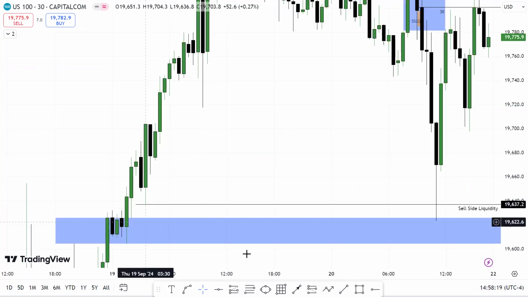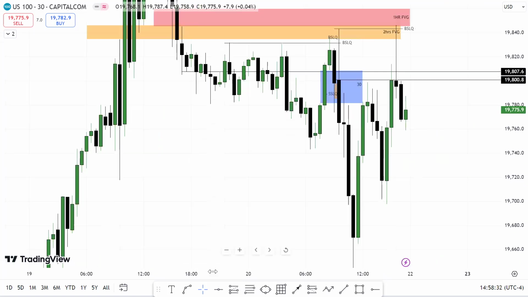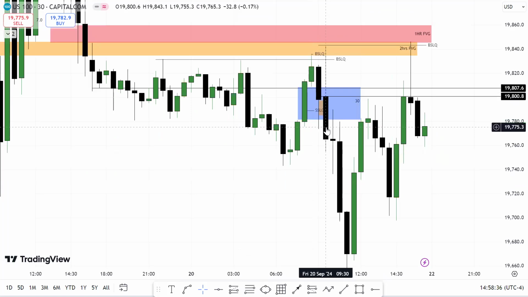And remember, from the higher time frame, we have a bullish fair value gap here. Also, there is a bullish fair value gap here from the 4 hours time frame, right? So we'll consider this sell side liquidity as a target. And you will trust it even more that this is going to a sell side liquidity once you have this candlestick close below and it has taken a buy side liquidity.